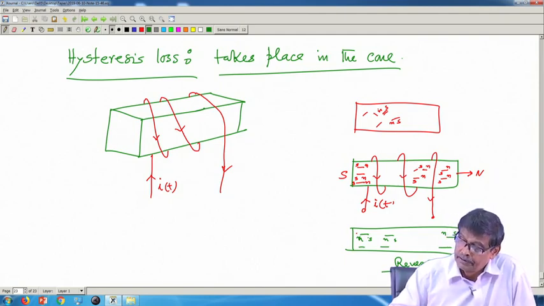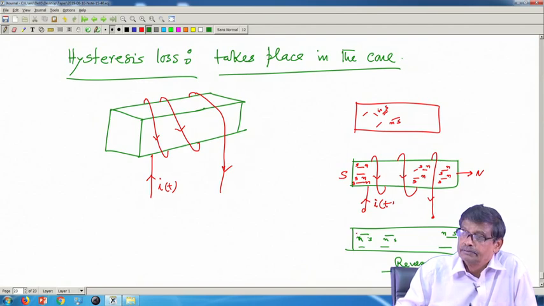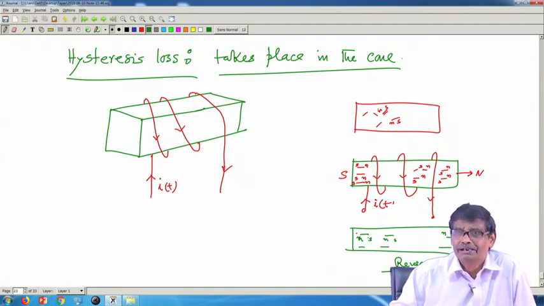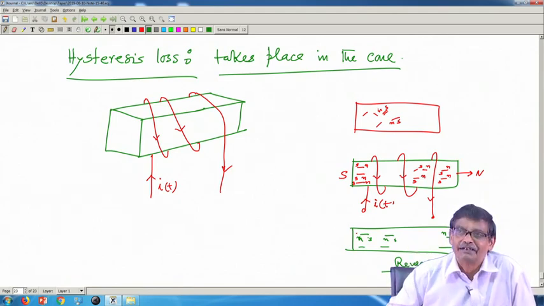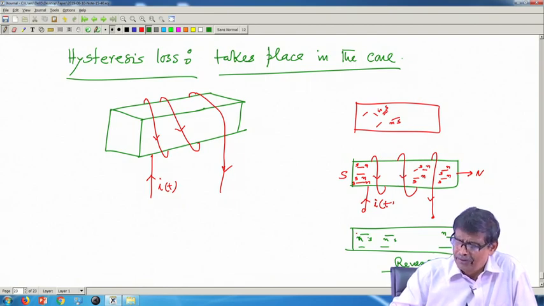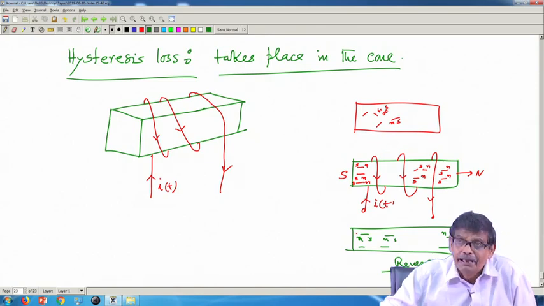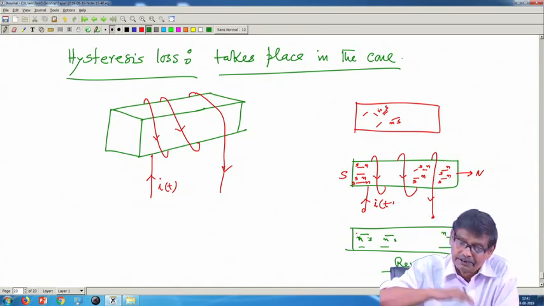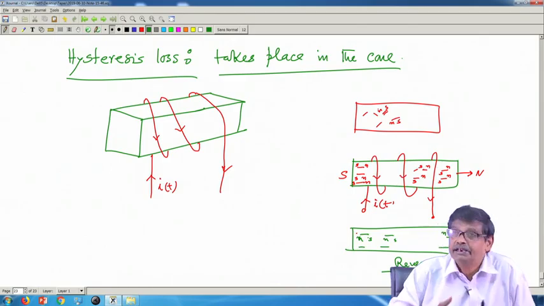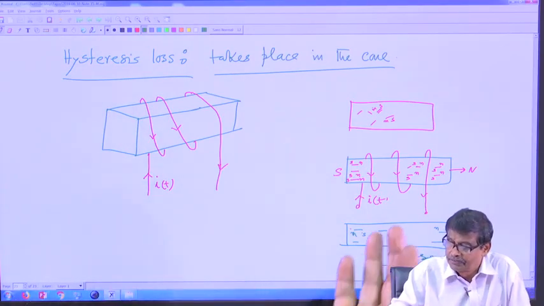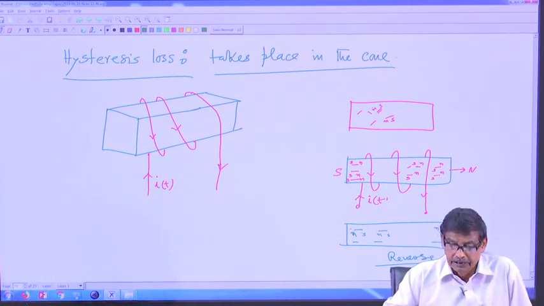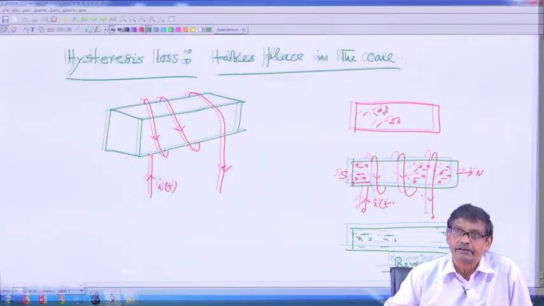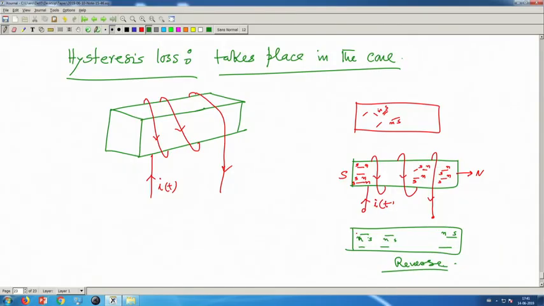Therefore, there will always be movement of the molecules. Perhaps a detailed analysis at physics level you have to do, but we can understand this is what is going to happen. Each molecular level tiny magnet will sometimes be aligned this way, sometimes that way. Therefore, the core will be heated up not only because of eddy current, but because of something else here. And this loss which will take place is called hysteresis loss, and we will continue with this in the next lecture. Thank you.